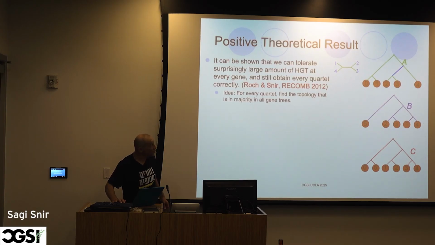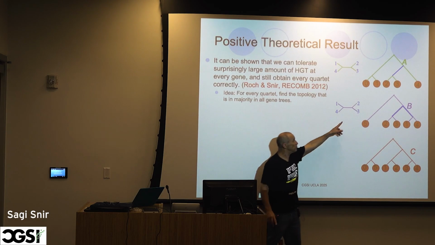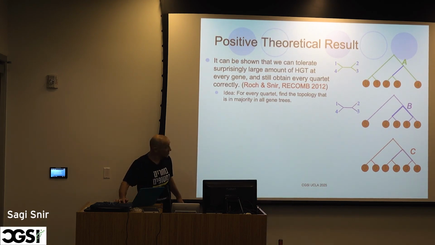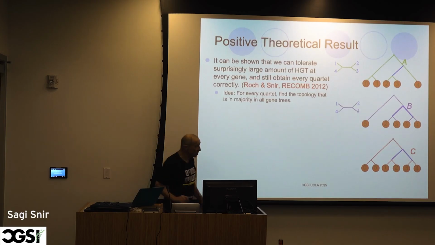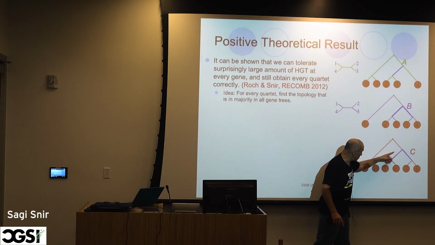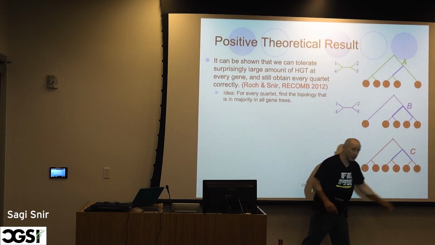Now let's look at gene B. We have this quartet. So now let's see 1 and 4. Again, 1 and 4 are separated from 2 and 3. And the last gene, gene C, we have again this separation, 1 and 2 versus 3 and 4.